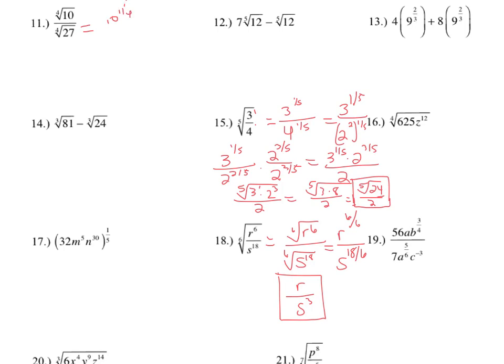So it's 10 to the 1/4 over 27 to the 1/4. And 27 I can break down. That's a power of 3. So I'm going to think of it as 10 to the 1/4 over 3 to the 3/4.